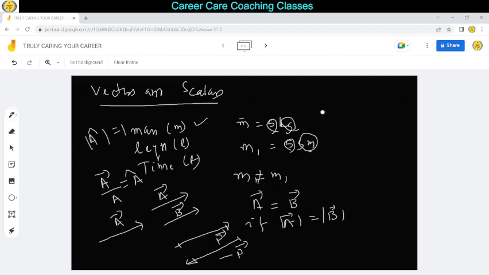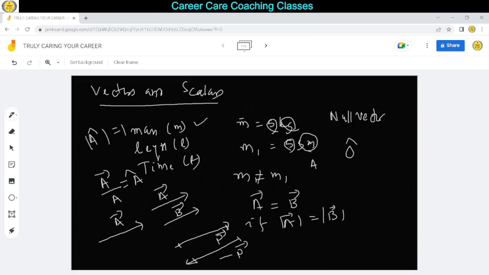Similarly, null vector. What is a null vector? Null vector can be represented by 0 cap. What is a null vector?